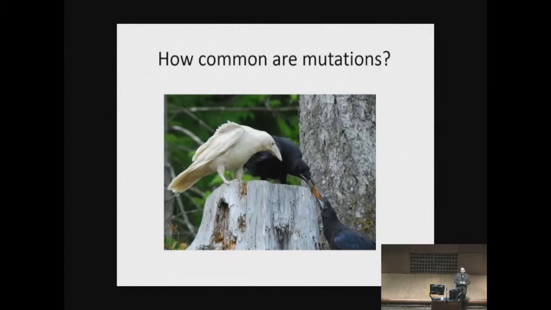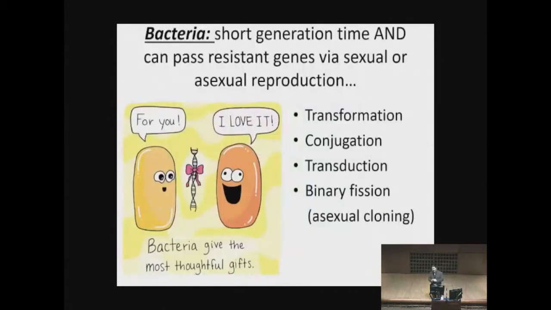That is exactly why you are not going to work with elephants this week in lab, but you are going to work with bacteria, okay? Because bacteria have really, really short generation times, and they are able to pass on that information in case there's a mutation with both sexual and asexual reproduction.